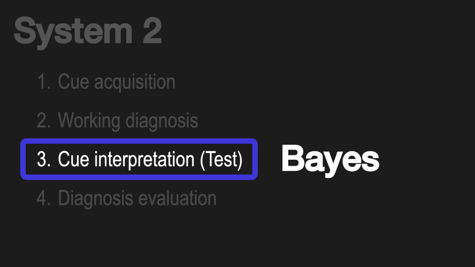Bayes is great, but it's not a full description of diagnostic reasoning, and real numbers are hard to find. For example, I couldn't find the actual pretest probability of schistosomiasis in North America, nor could I find the sensitivity and specificity data on antibody testing, making Bayes impractical for everyday use.